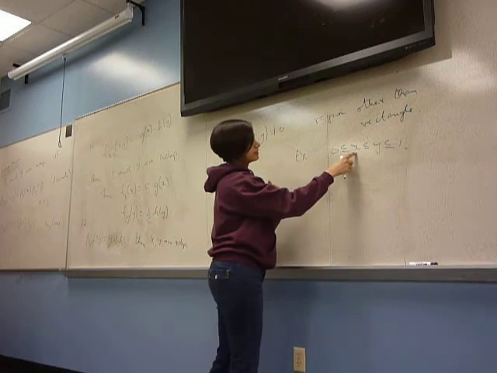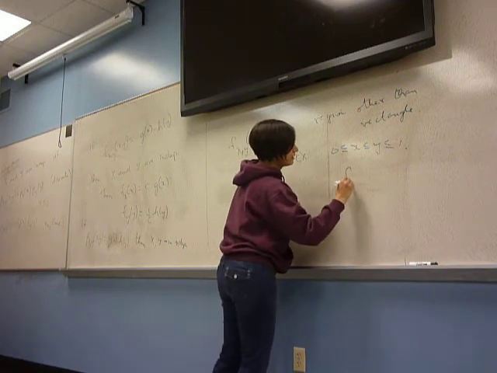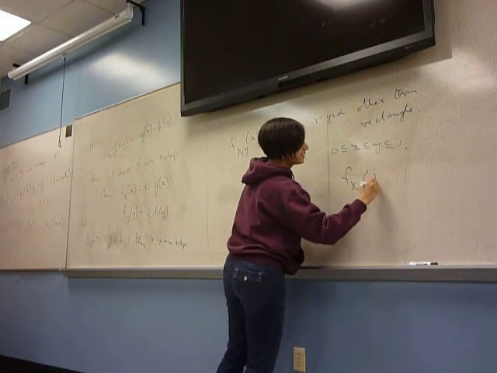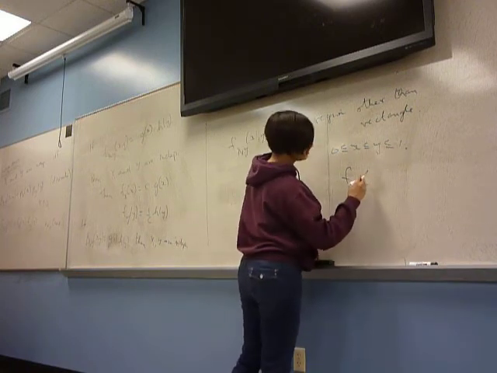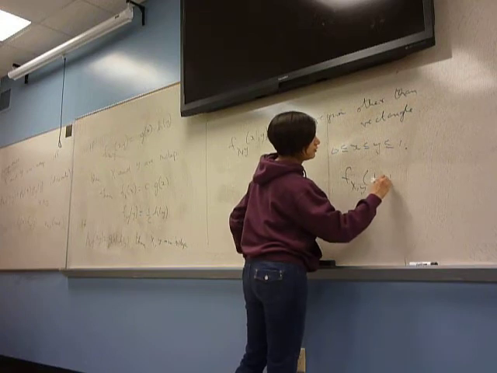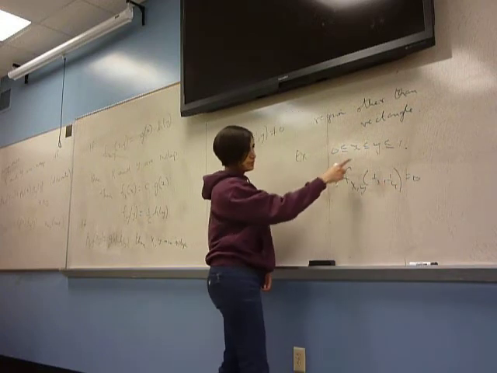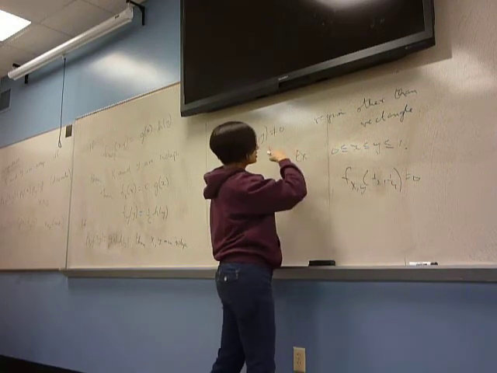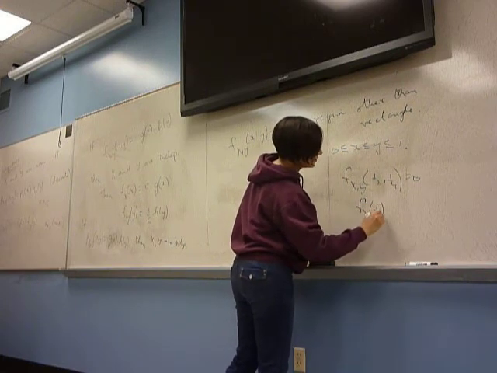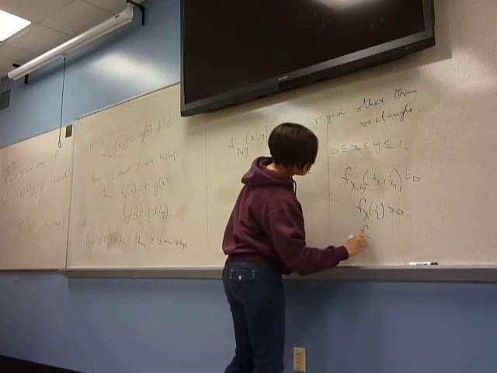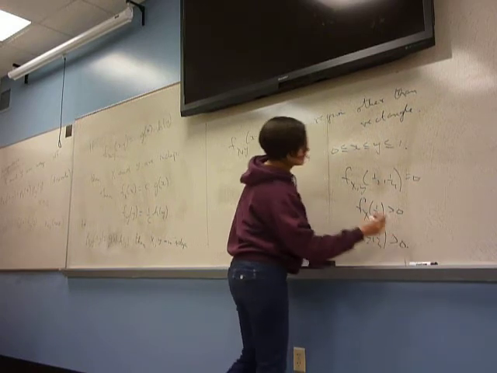So you could take the point 1/2, comma 1/4. Oh, that is 0, because this is the region where it's non-zero. But you can show quite easily that f x of 1/2 is positive, and f y of 1/4 is positive.